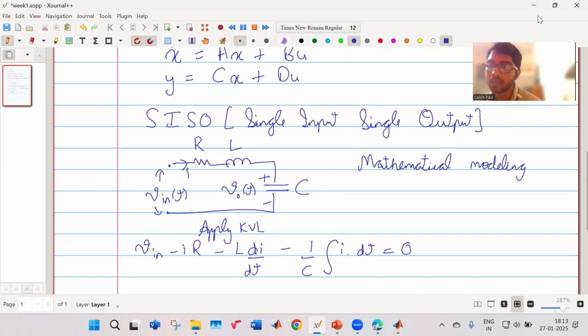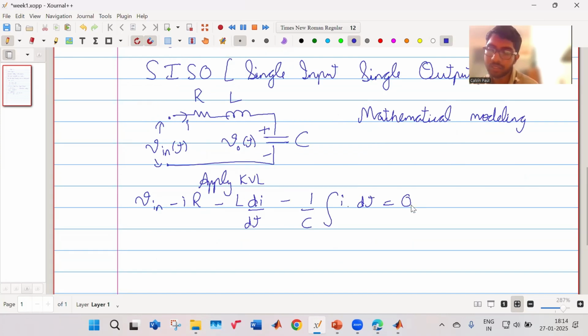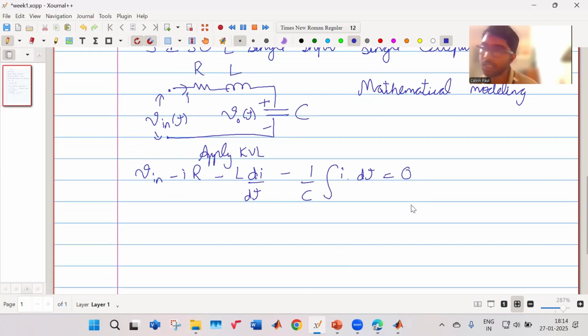Okay. So this is a representation of it. This equation has both integration and differentiation. This is my integration part, this is the differentiation part. What they do in such scenarios is, we know that I is the current, equal to the rate of charge. So I is equal to dq by dt.